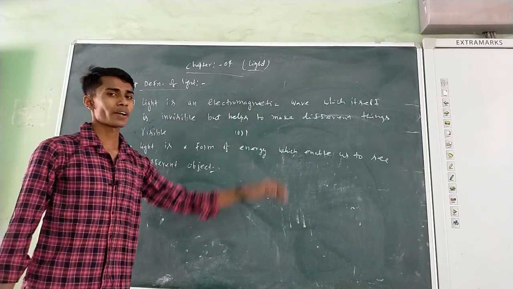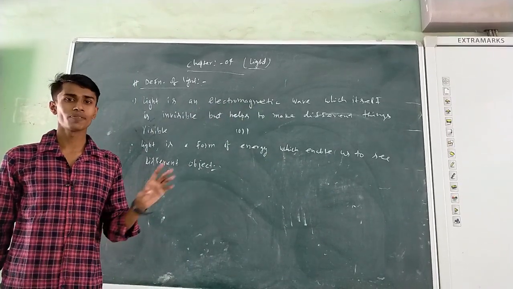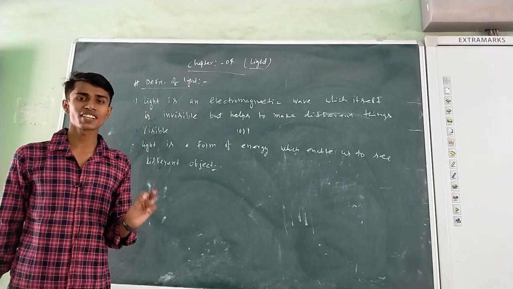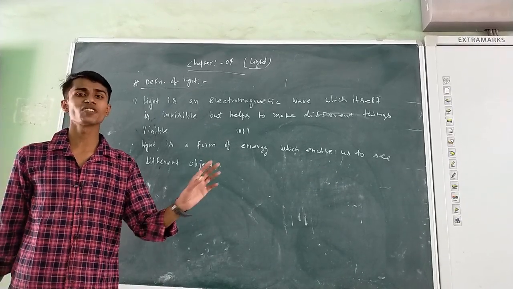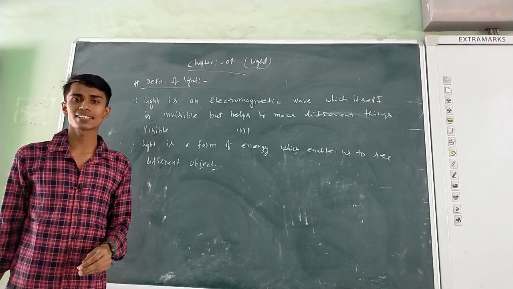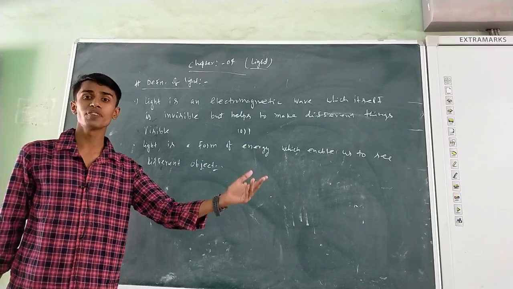Light has been said to be an electromagnetic wave. What are waves? You have studied in Standard 9 last chapter. Waves are vibratory disturbances produced in a medium which propagate energy from one point to another point. Yes or not? And also you have classified waves in earlier section. The wave may be longitudinal, it may be transverse.